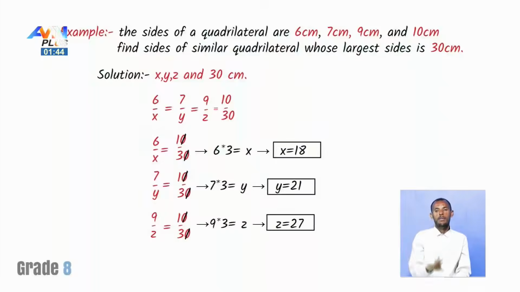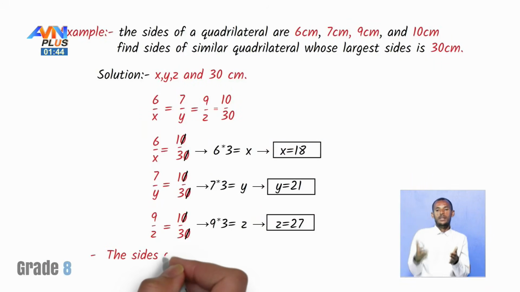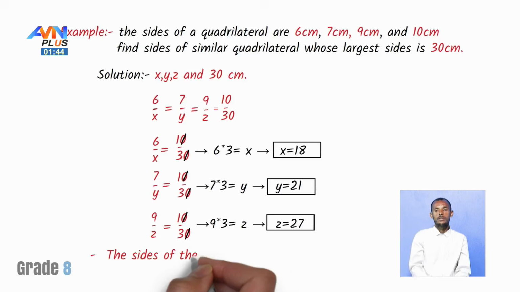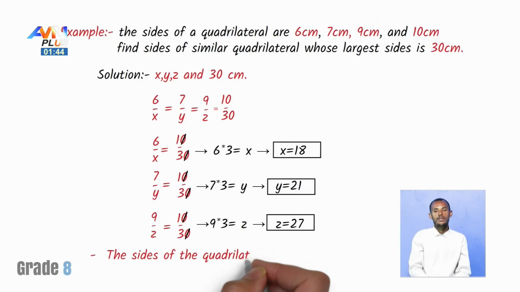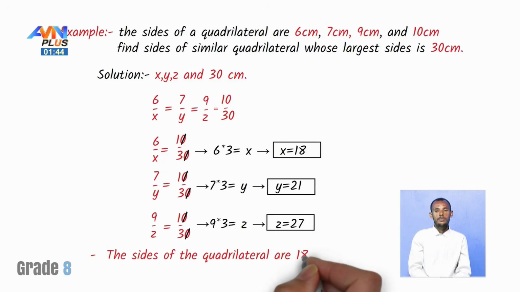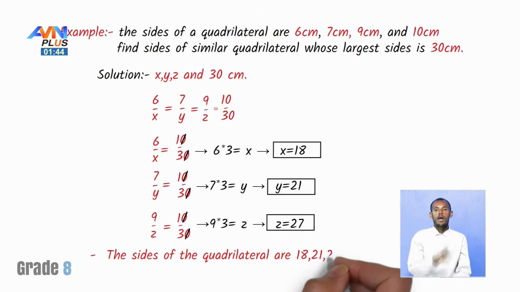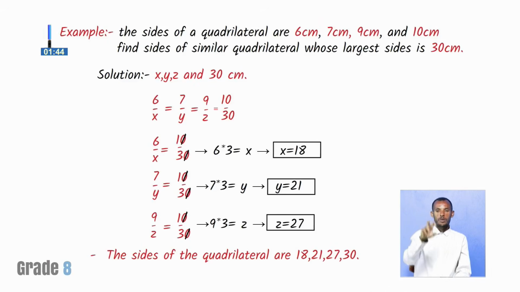So you can say that therefore the sides of the quadrilateral are 18, 21, 27, and 30.